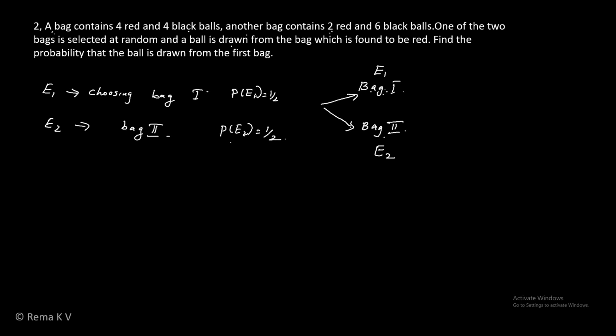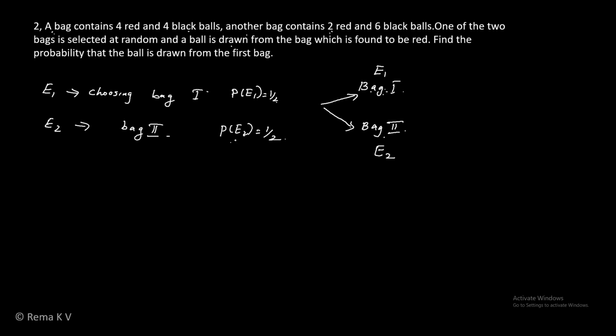The sum of the probabilities of E1 and E2 is always equal to 1. Up to this, is it clear?